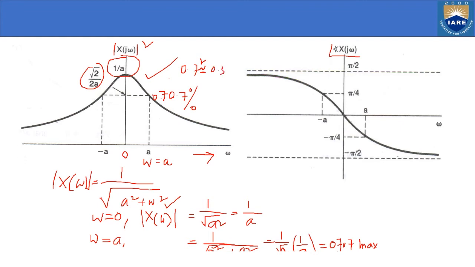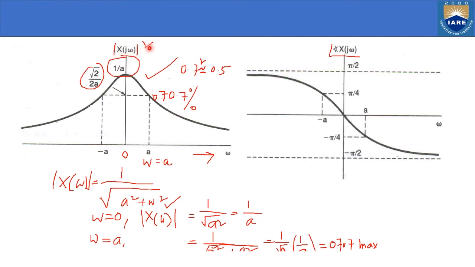So when I say in the magnitude spectrum 70% of the maximum value, it means after squaring it is 50% of the power or energy, depending on the spectrum, because capital X of omega is the magnitude spectrum.